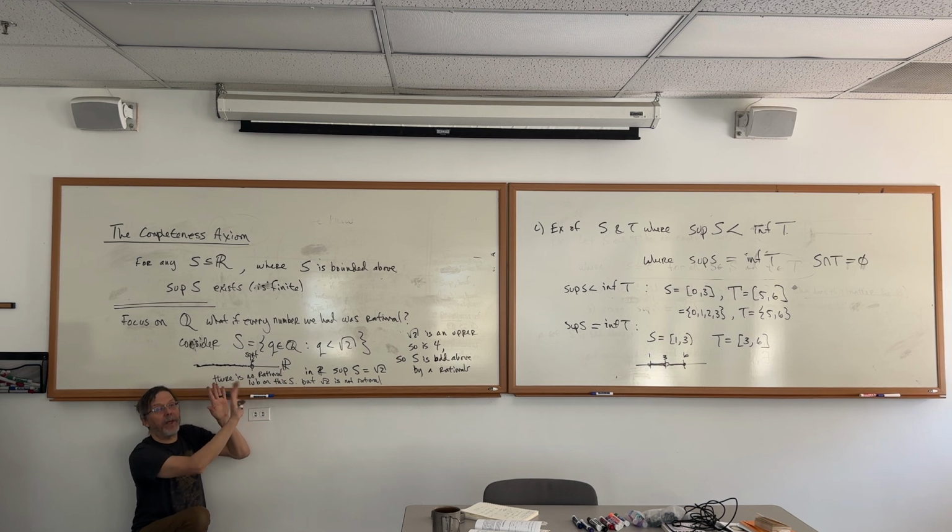No, I can move a little bit to the right. There's actually a number in this set to the right of it. So if I pick some rational over here, all I gotta do is, no, I can get lesser. I can move closer with another rational.